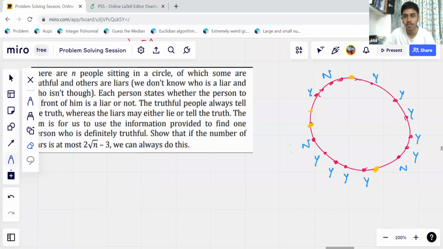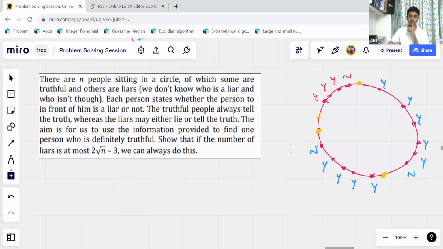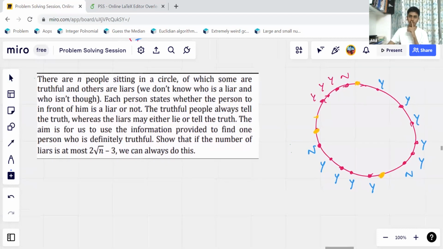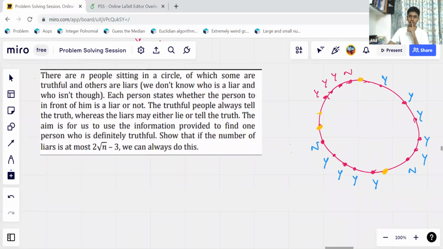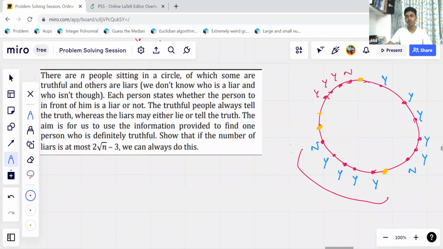So yes, yes, yes, no. And now every liar has a choice to say yes or to say no. So in general, there are going to be at least root n by 2 such chains of yeses and no's or something.